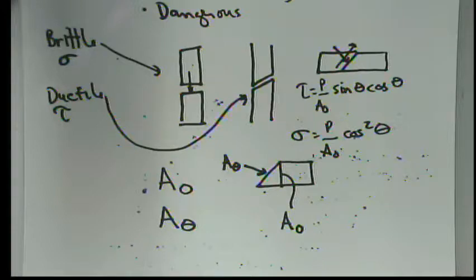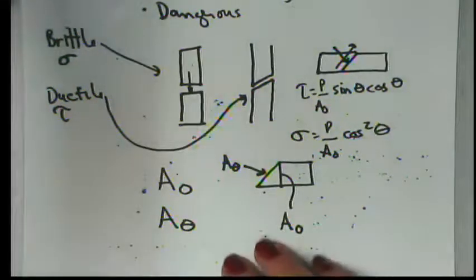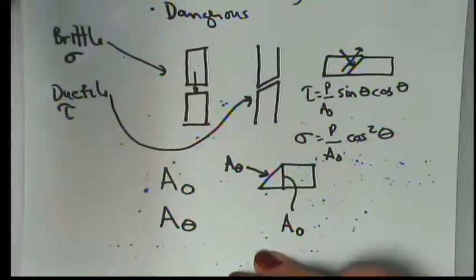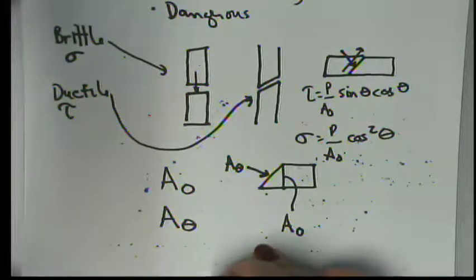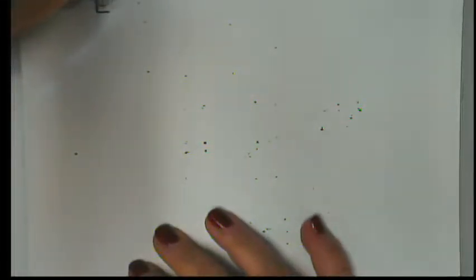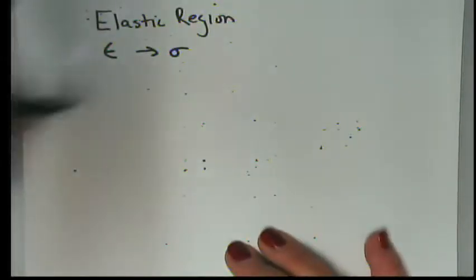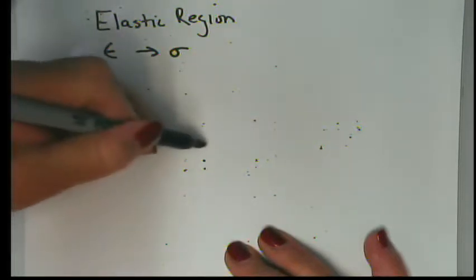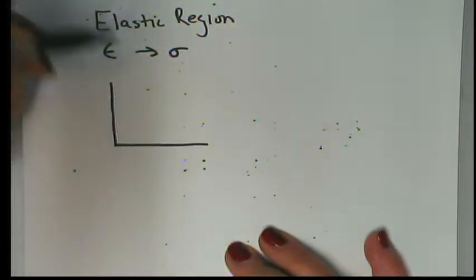Anyway, there we go. So there are some ideas. Now let's get back to the topic of the day, which is the elastic region. Epsilon caused by sigma. That's what we're going to talk about today. We're going to get some equations today so that we can work some stuff.